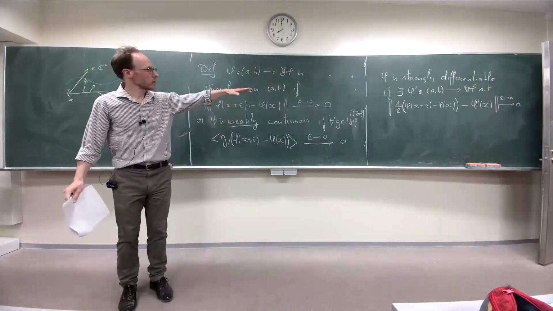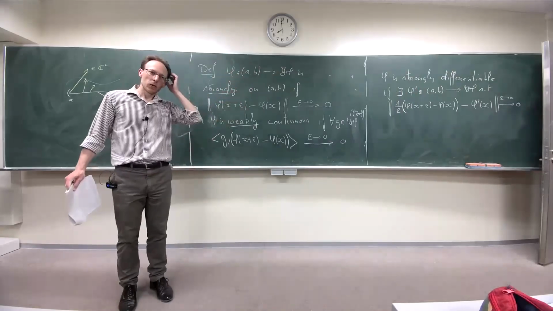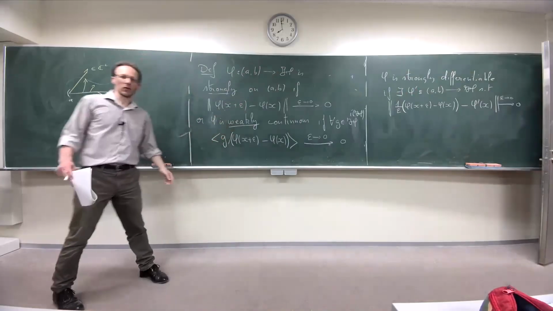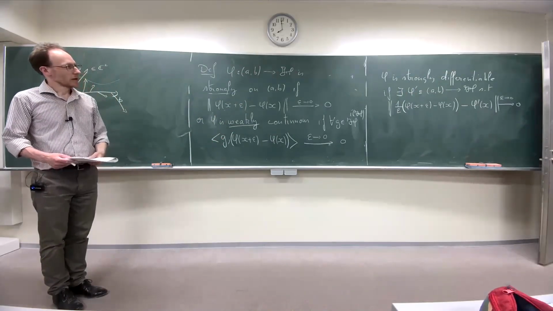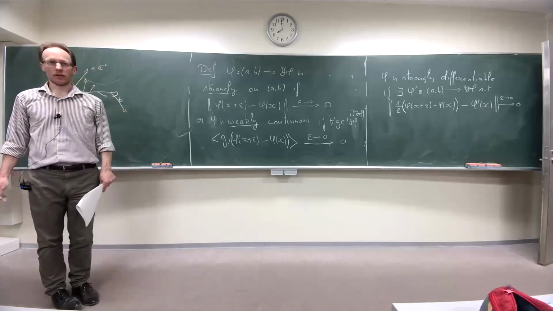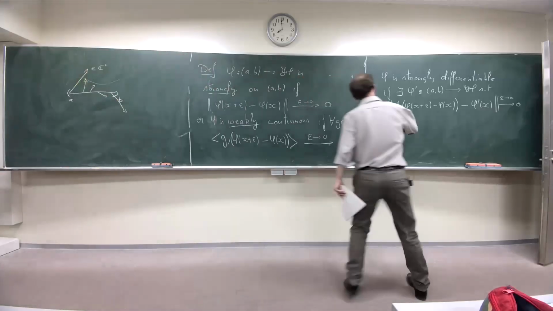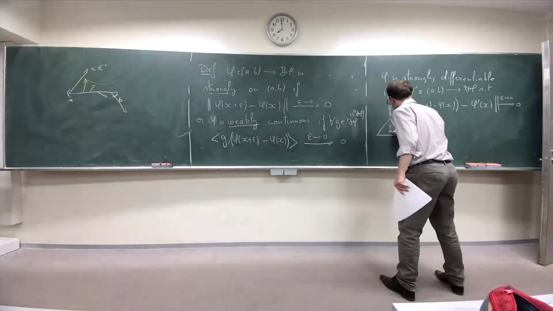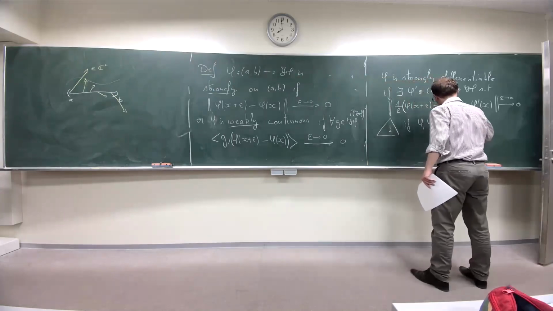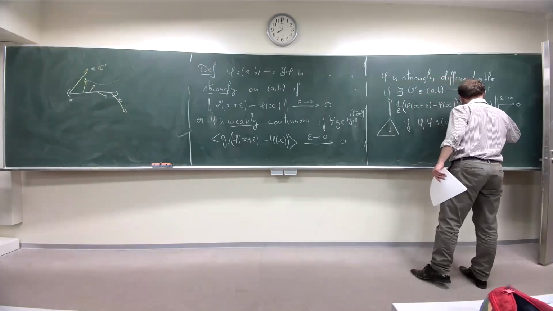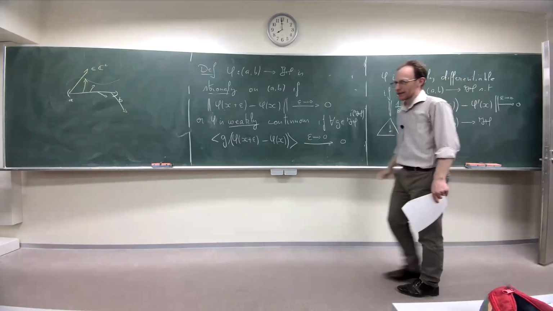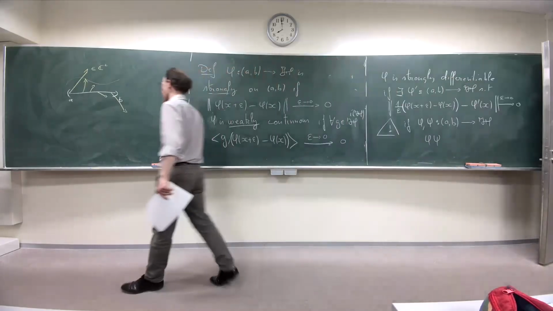And I let you write what weakly differentiable means. You just put a scalar product instead of a norm. This is for vector valued functions. Just be careful about one thing. If phi and psi are both from AB to H, can you make sense of phi times psi, the product of two functions?